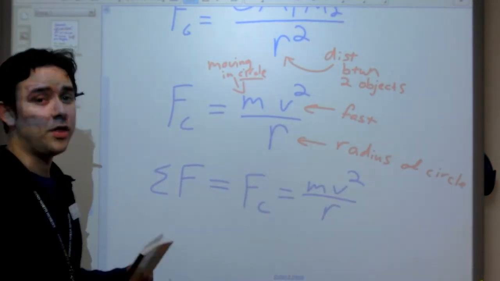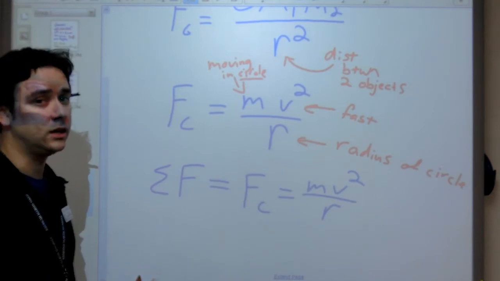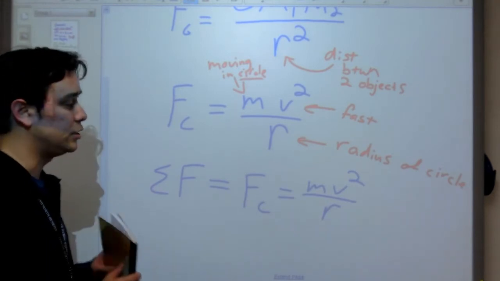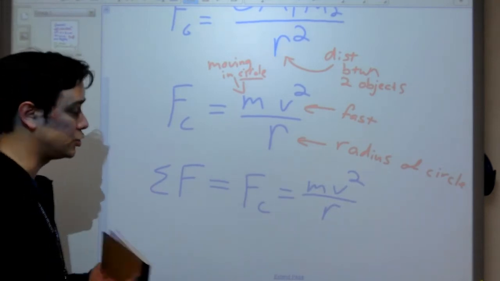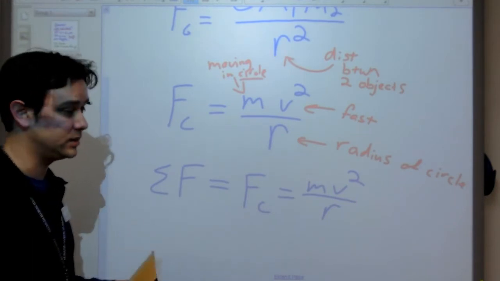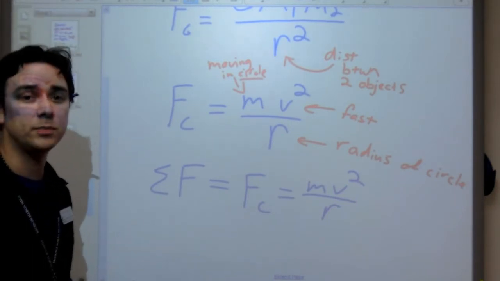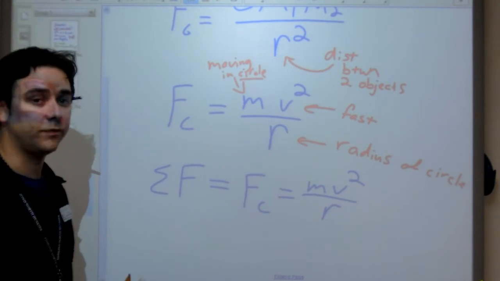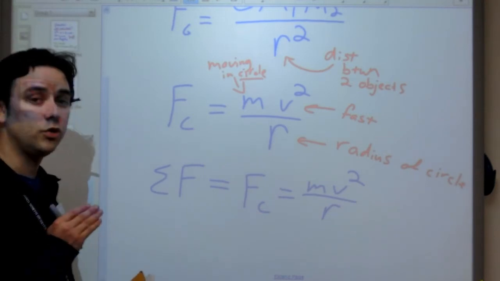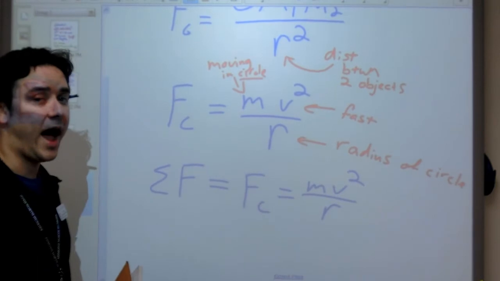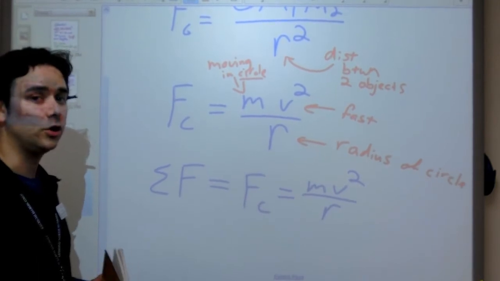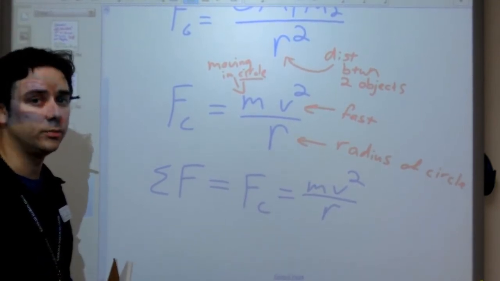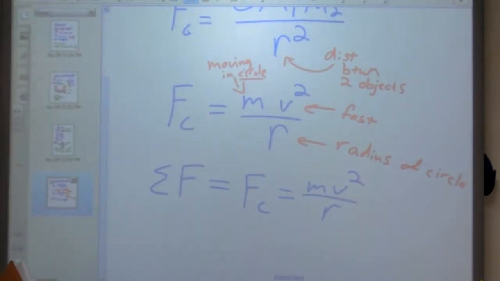If they don't, then the thing isn't going to move in a circle. It will continue to try and move in a straight line. A circle is not something that things naturally move in. They have to be pulled into it. By Newton's first law of motion, things will continue moving in a straight line unless they are acted upon. So if you want them to go in a circle, you've got to act on them so that they don't go in a straight line.